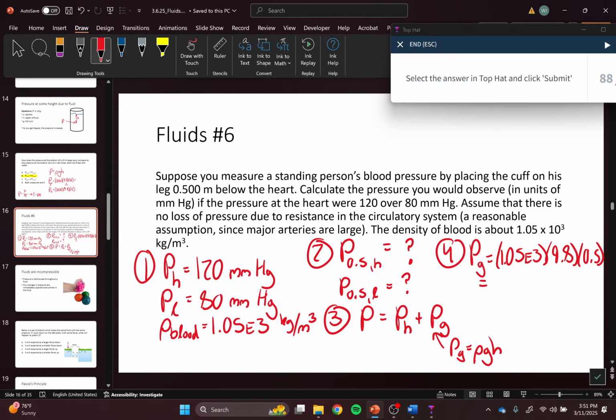Now you're going to plug that in. And again, I told you all, one of the things with fluids that you have to be the most careful of is the units. The pressure is 5,145. What are my units? It's pascals. If you say this is millimeters of mercury, you're insane. Not because you're actually insane, but if you measure someone's blood pressure and it's 5,000, you did it badly.